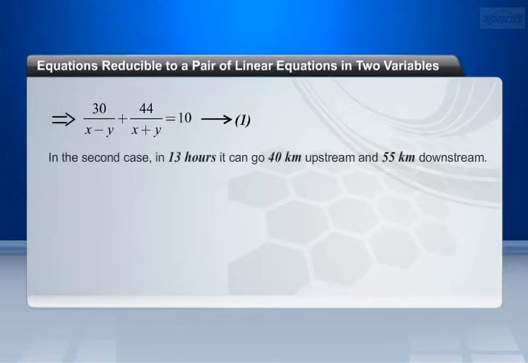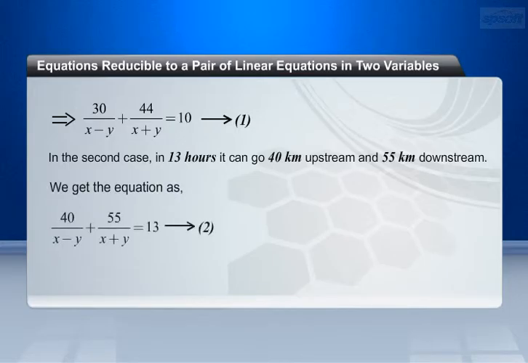In the second case, in 13 hours it can go 40 kilometers upstream and 55 kilometers downstream. Then we get the equation as 40 divided by x minus y, plus 55 divided by x plus y, equals 13. Make it equation 2.